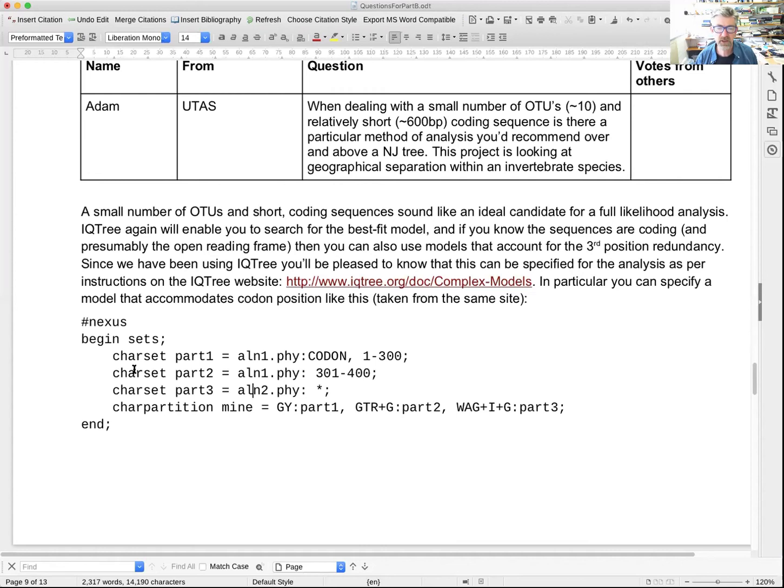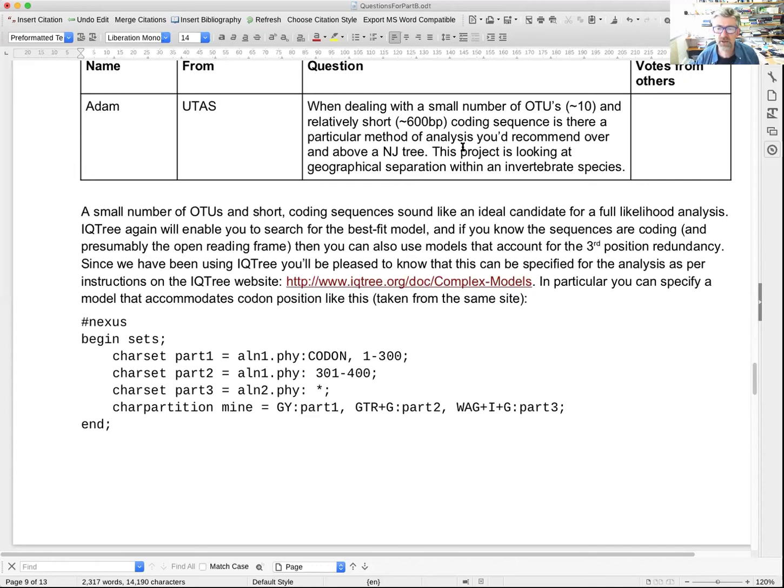You can specify it in a not too horrible way, and allow that third position to be a different rate. You wouldn't put the first and second positions in different partitions, that is to say, have different rates, because they're essentially the same. Third is the one you need to allow to be different.